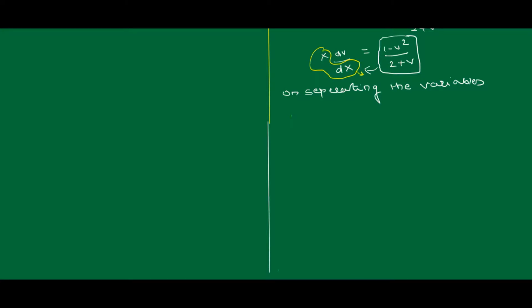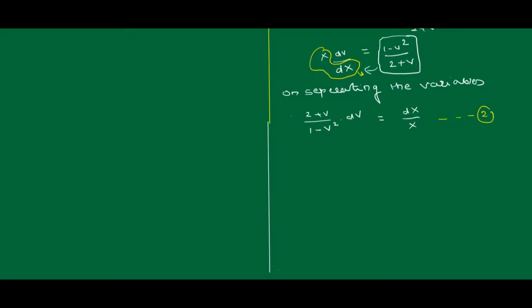So what we get, that is, if you transpose right hand side term to the left hand side, 2 plus v divided by 1 minus v square into dv is equal to dx divided by x. We can integrate the right hand side term very easily, but now we have to integrate the left hand side. Let us say this is equation number 2.